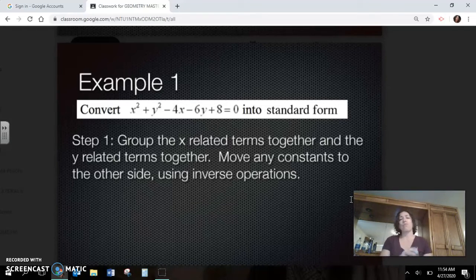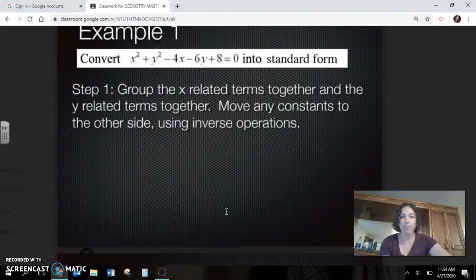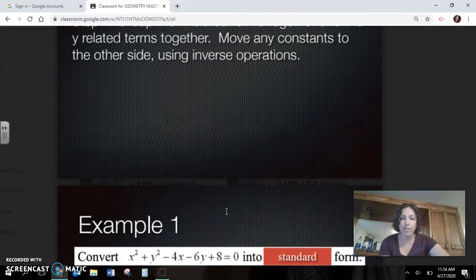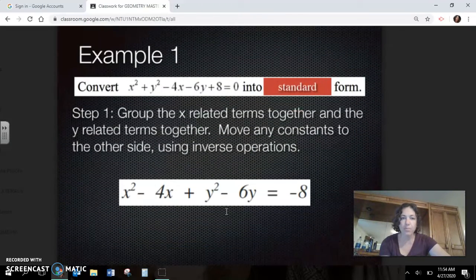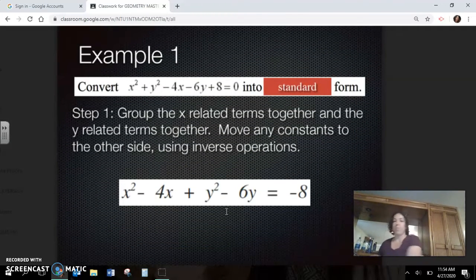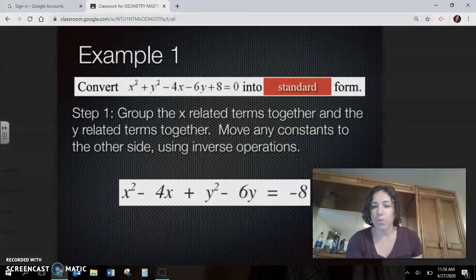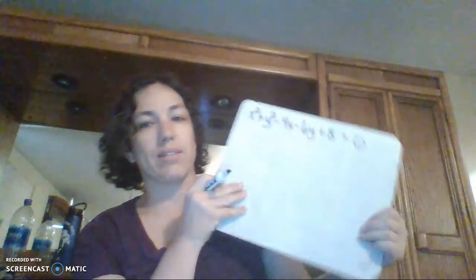Okay, so this is standard form, and our first step right here is talking about just grouping together the ones that have the same variable. So this is what we're going to do. I'm going to make this bigger and work this out.